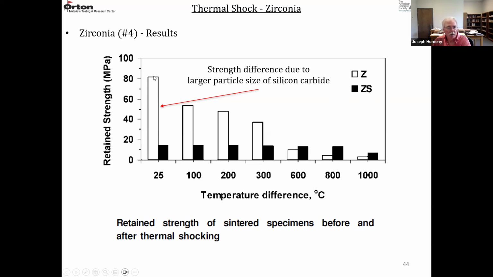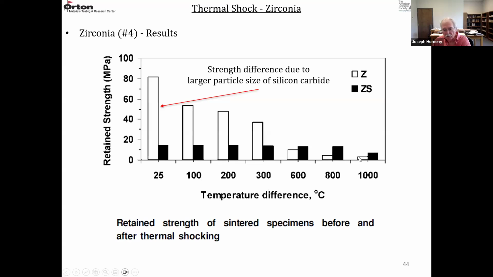So you can see how much stronger the material was without the silicon carbide, but it also decreases substantially with quench temperature and really falls off at the highest temperature. But the composite material of the zircon and the silicon carbide pretty much stays the same.